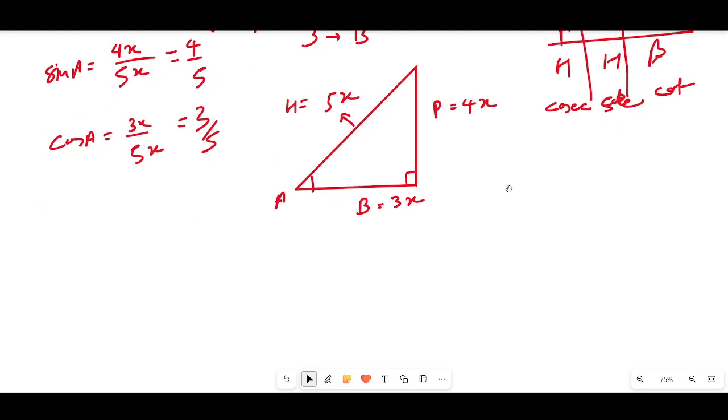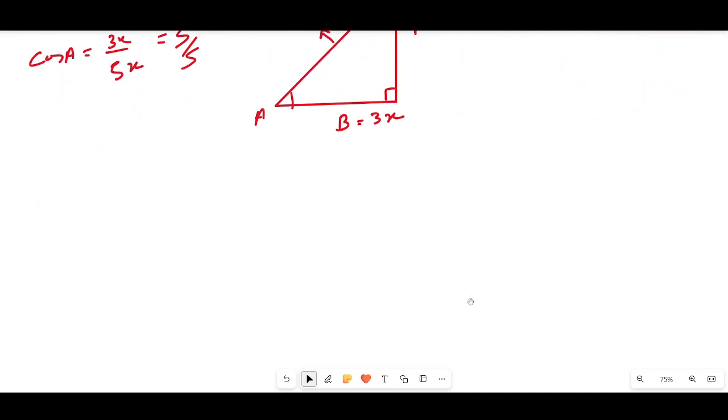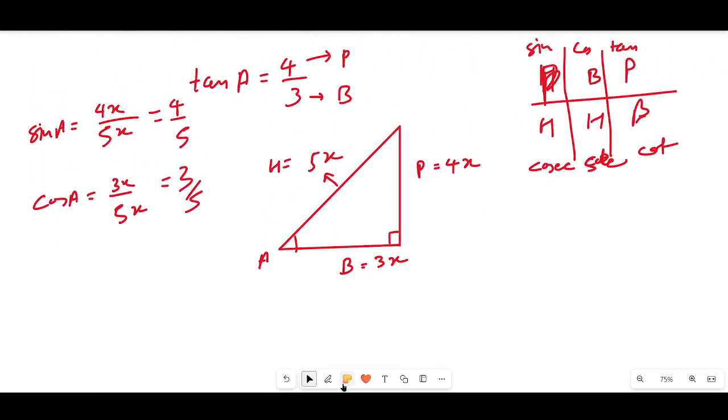For Hindi medium, if you prefer, you should write the same thing. This is the perpendicular, Lamb, and this is the base, Aadhar, and this is the hypotenuse, Karn.